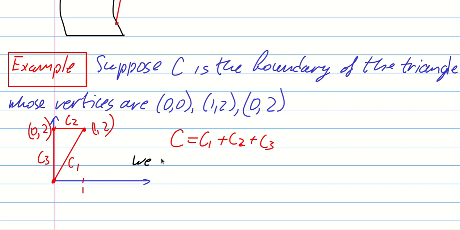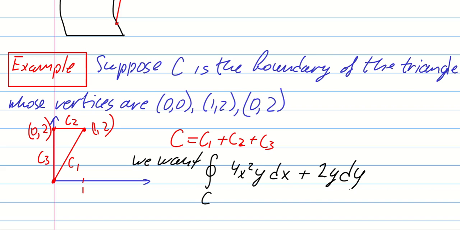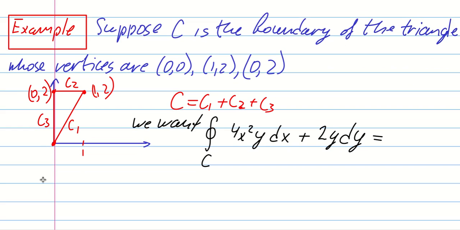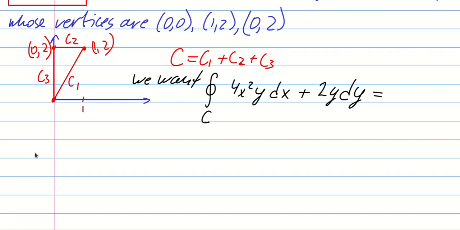We want the integral over this closed path C of 4x squared y dx plus 2y dy. So we're going to split it up into the 3 parts.